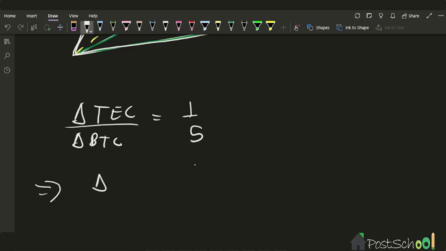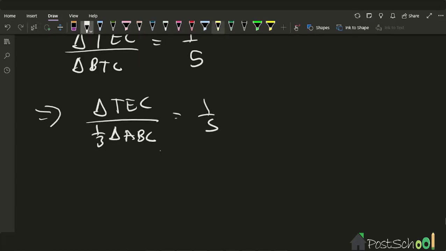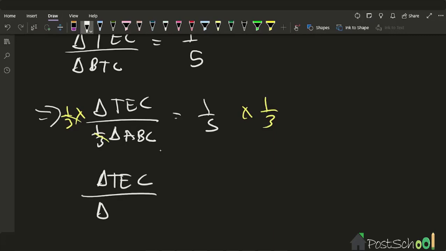But then you can substitute now this 1 over 3 triangular ABC, 1 over 5. Then you can multiply by 1 over 3 both sides. And then you have that triangular TEC over triangular ABC is going to be 1 over 15.